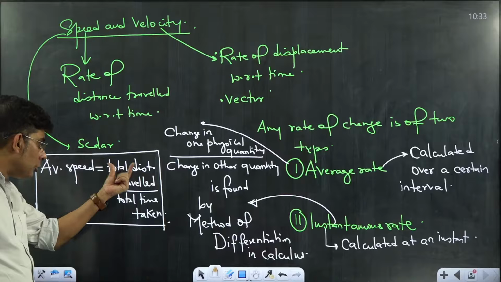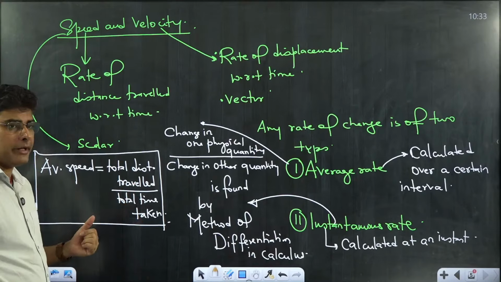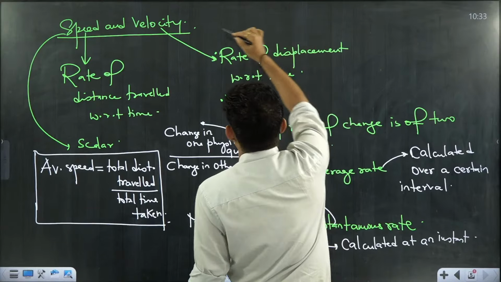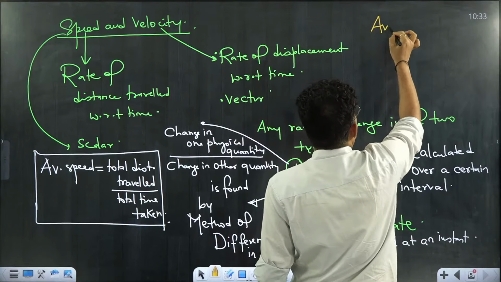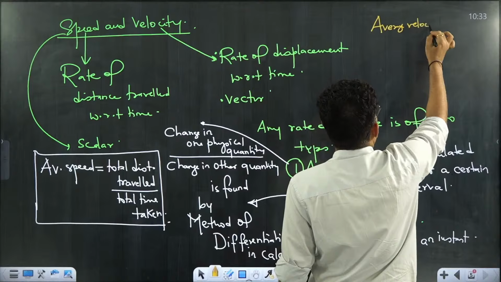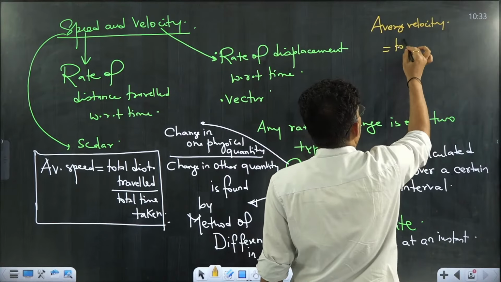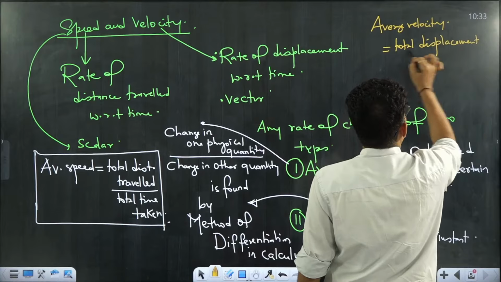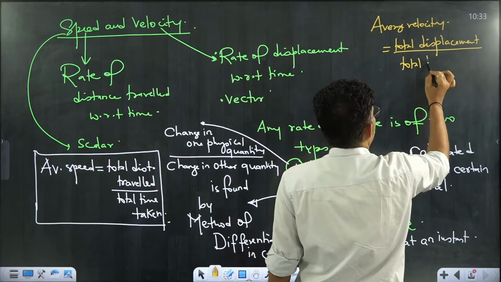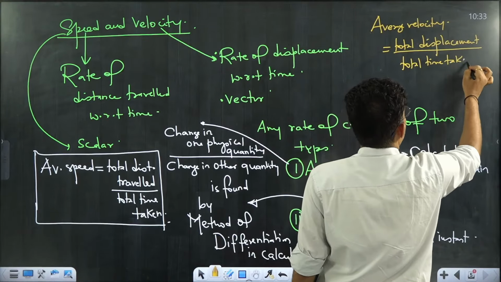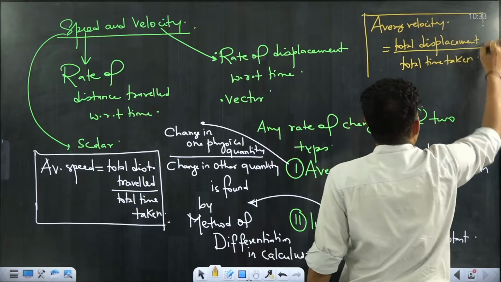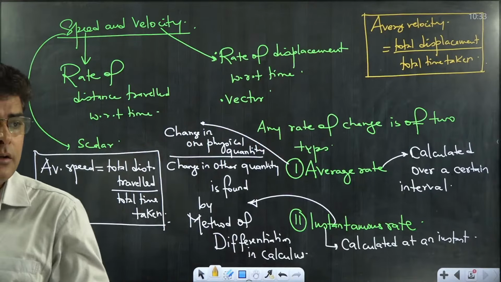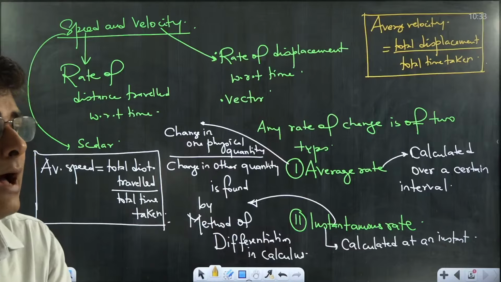Average speed is the total distance traveled by total time taken. Whereas when we talk of velocity, average velocity is total displacement by total time taken. So when we consider an interval, then we are getting average.